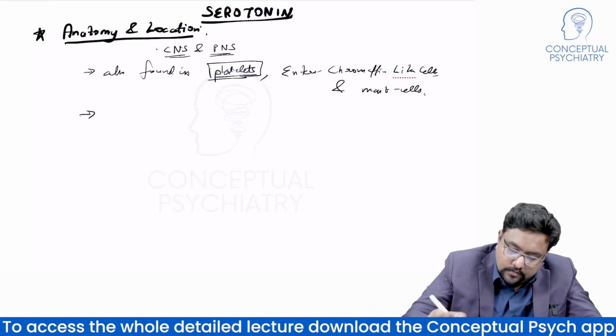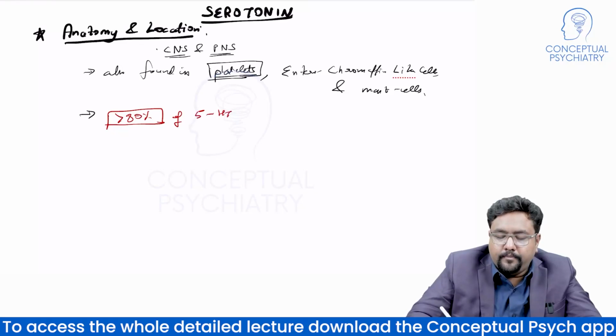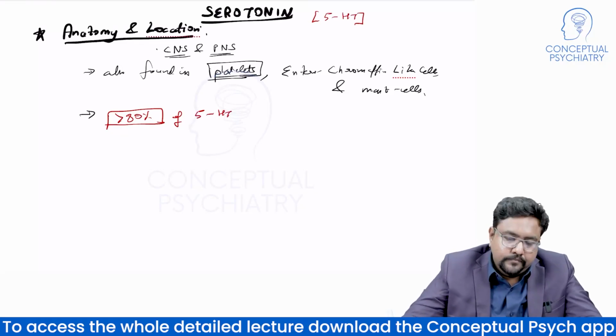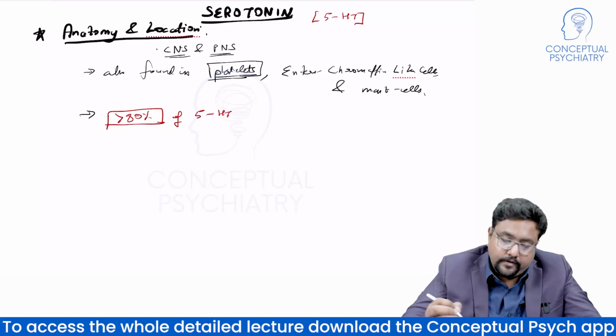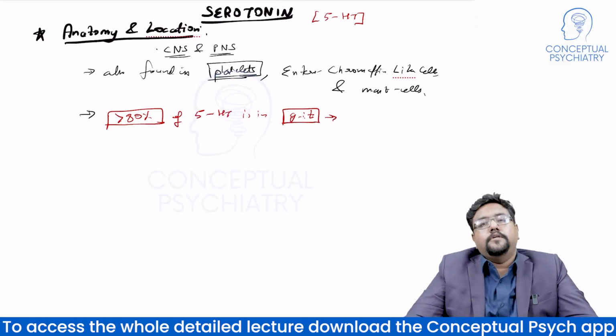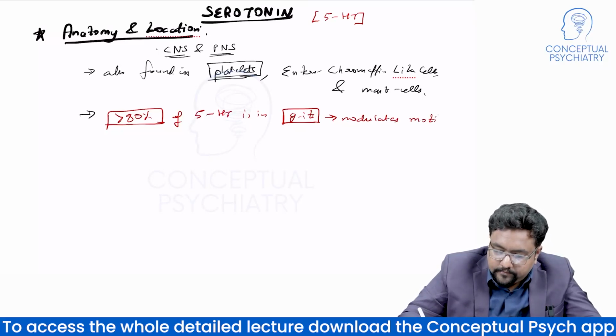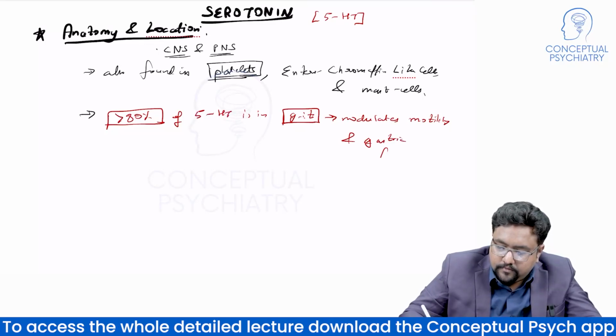Now, more than 80% of serotonin, 5-HT, whenever I write serotonin, I will be referring to it as 5-HT. More than 80% of serotonin is in the gastrointestinal tract, GIT, and it modulates motility and gastric function.